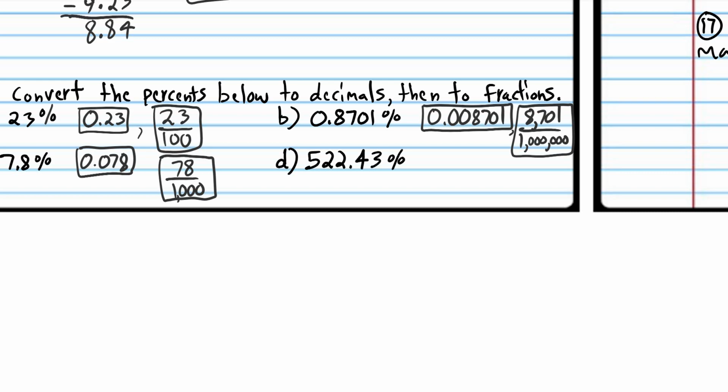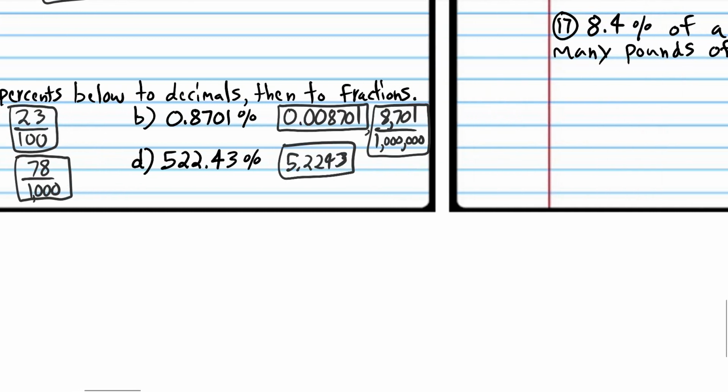All right, we're back. We're going to move the decimal 2 places to the left, so it becomes 5.2243. Very easy. And now we have the decimal form, so we can easily change it to a fraction. The 5 is just going to be a whole number because it's to the left of the decimal.